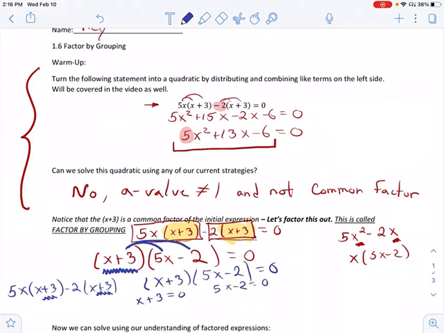Then I have my two little mini expressions, which I'm going to solve separately. I get x equals -3 from that. And then for this one, if I add 2, 5x equals 2, dividing by 5 on both sides, I get x equals 2/5. And I can just leave it as that fraction, and that's totally fine.